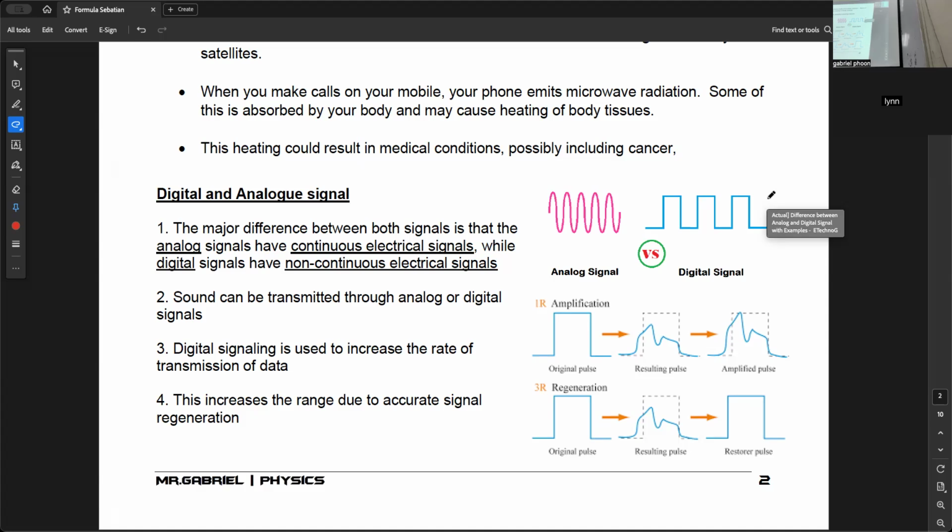Oh, yeah, so we can see. Do you guys see what she's saying? No. Yes, we can.